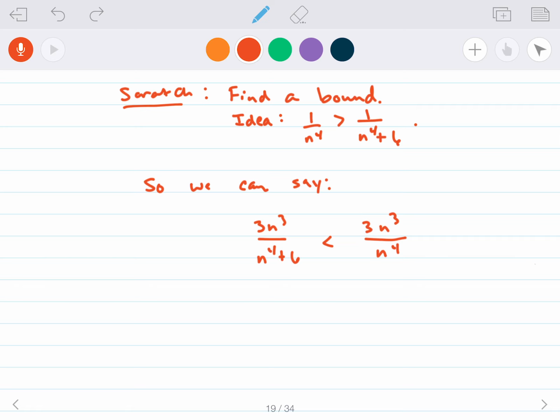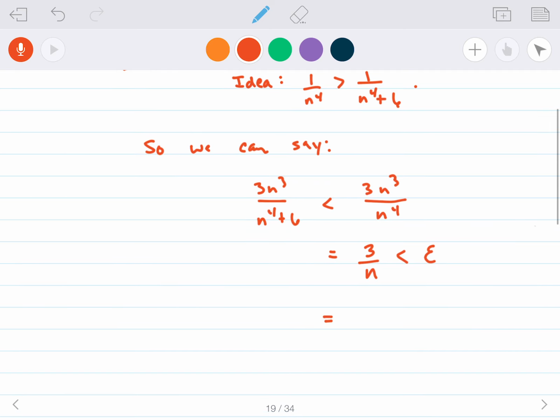Now this is cool because 3n cubed over n to the 4th becomes 3 over n. And now this looks much simpler. Now we can mess around with our epsilon stuff. So if I want this to be less than epsilon, and I solve for little n, I get little n is bigger than 3 over epsilon.